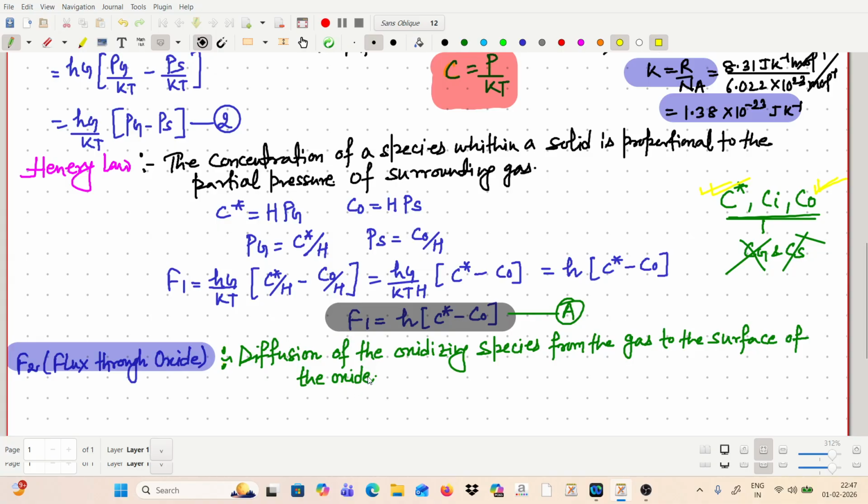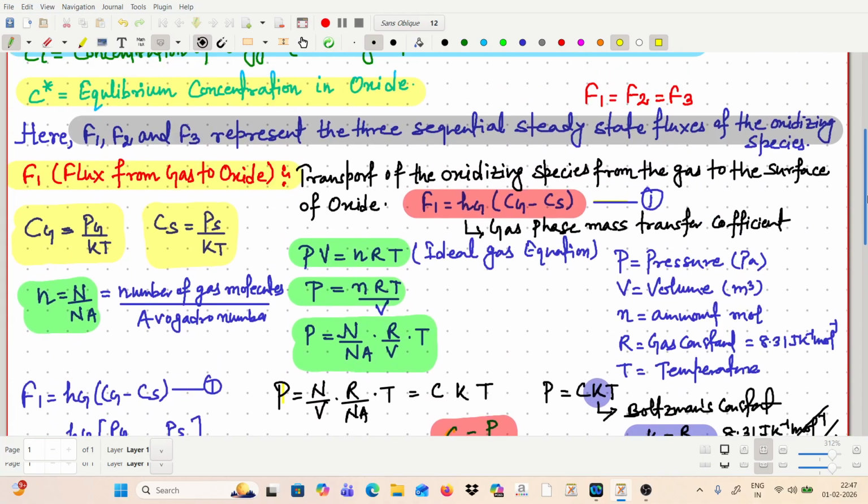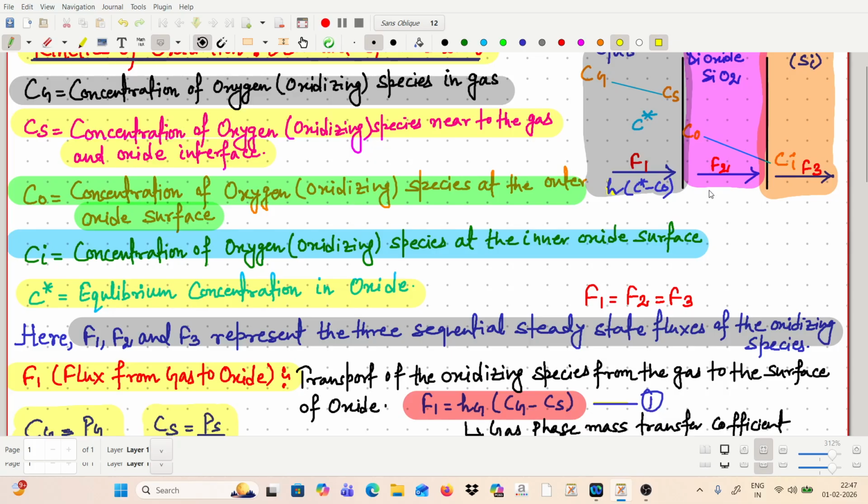Now the diffusion of the oxidizing species occurs from the gas to the surface of the oxide. So if this is a diffusion case, F2 can simply be written, in blue color, as D times dC by dx, where D is the diffusion constant.